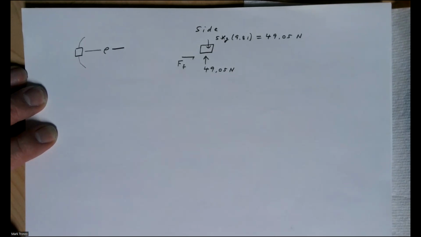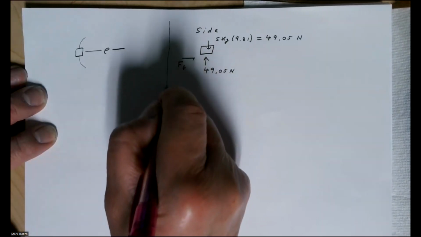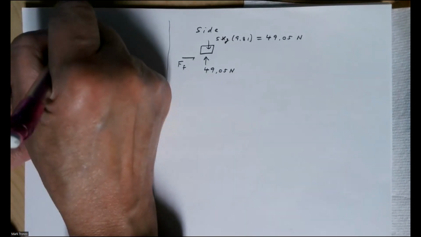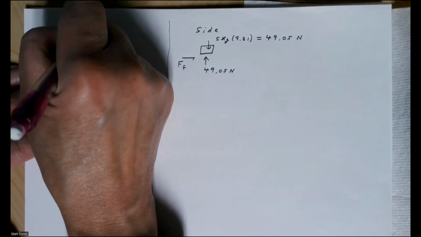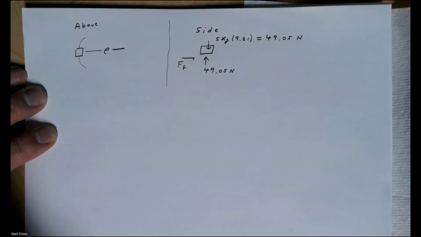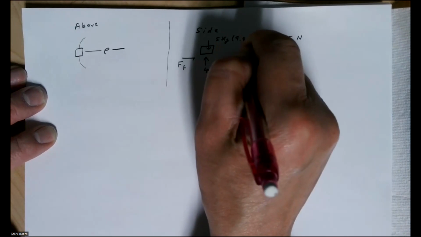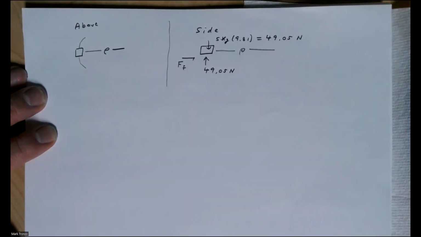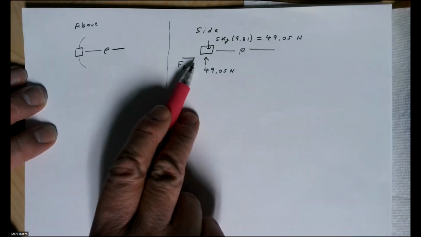So again, this is kind of just a free body diagram, side view. Now again, looking at this picture, this was from above, looking down, and then this is from the side. Now the radius of curvature would be like this. And so let's take a look at this problem. Again, the friction is going to resist.